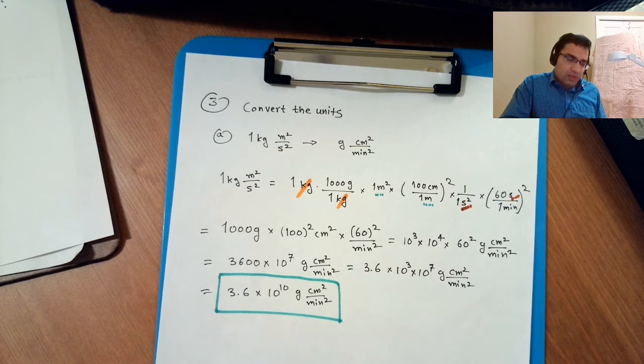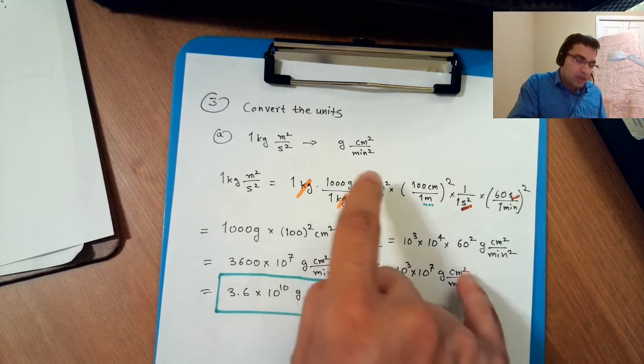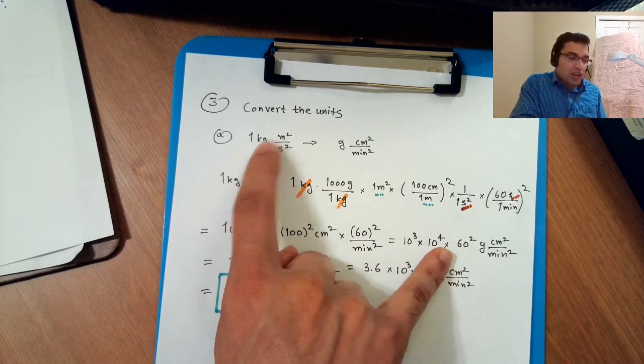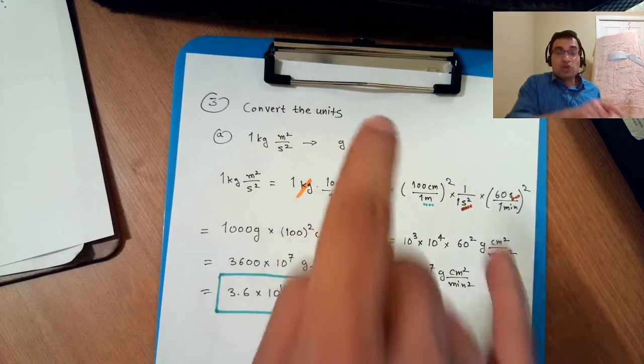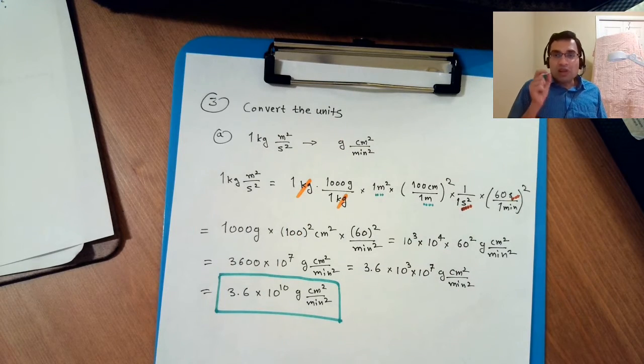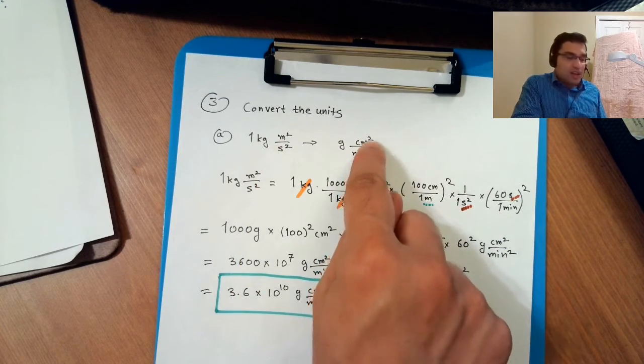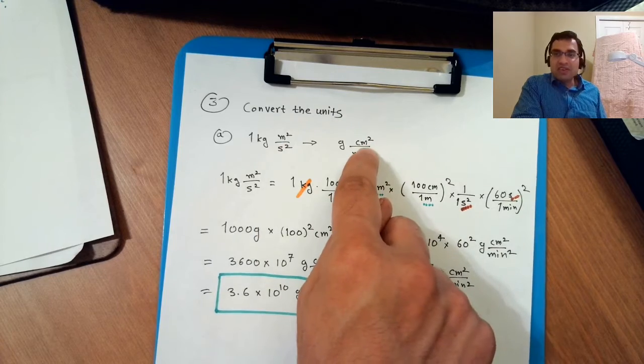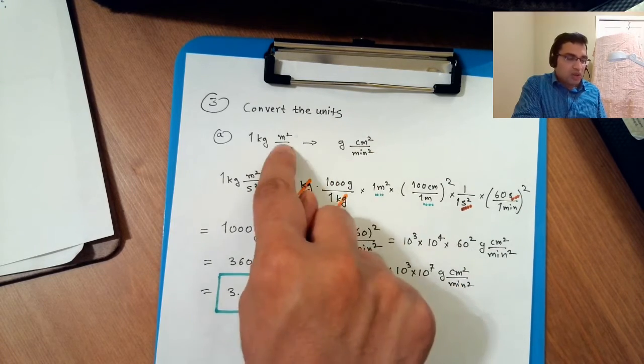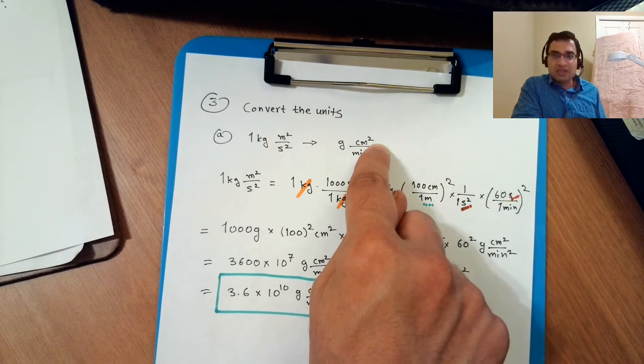The reason it makes sense is because, first of all, you went from kilogram to gram. So a gram is a lot smaller. It's 1,000 times smaller, right? And then you went from meter square to centimeter square. Meter and centimeter is a factor of 100, so meter squared to centimeter squared is a factor of 10,000.